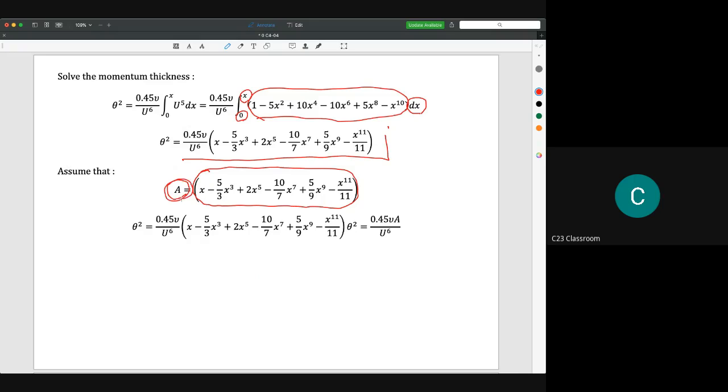From this equation, we could simplify it as 0.45 nu A over U to the power of 6. Nu here is the kinematic viscosity. It is okay not to substitute the value of kinematic viscosity, because we could cancel it later on.